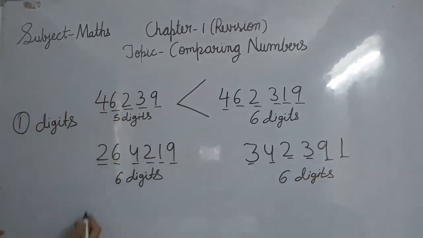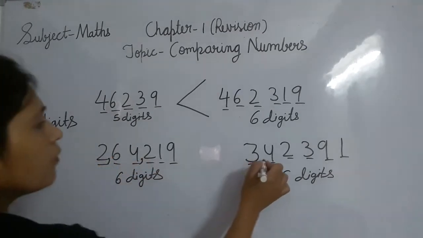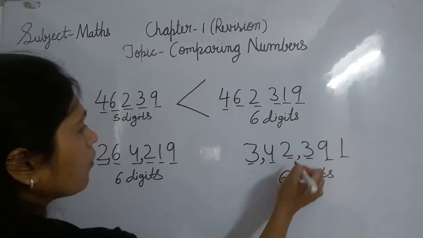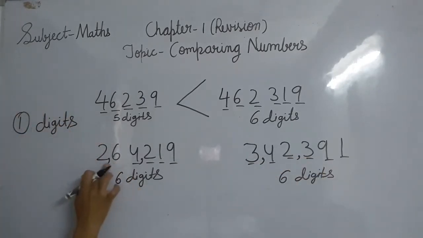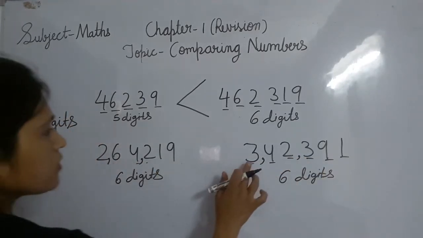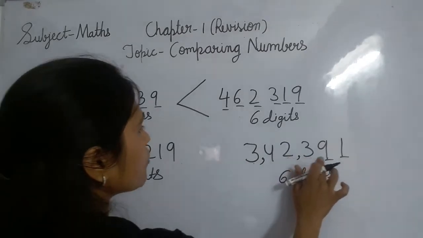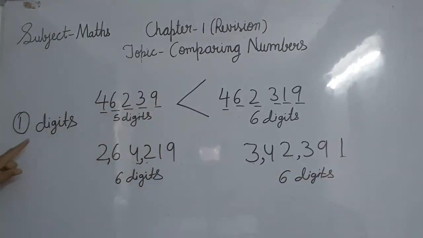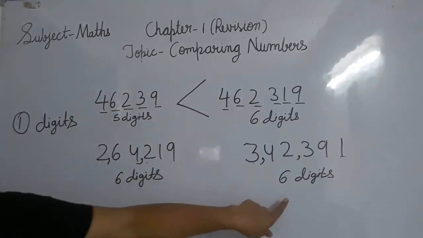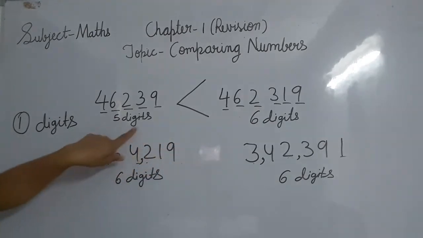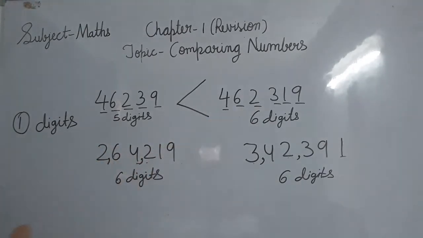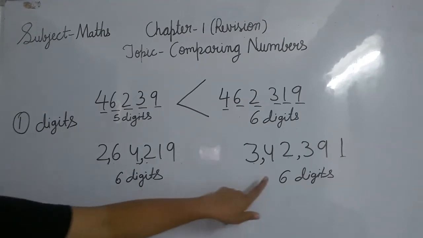I am writing in standard form, so it will be easy to read this number. Yes, so both have 6 digits. So our one condition is not working here. If the digits are equal, then what will we do? Earlier it had more digits, that's why it was the greater number, but here the digits are the same.